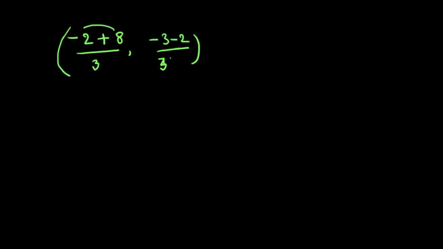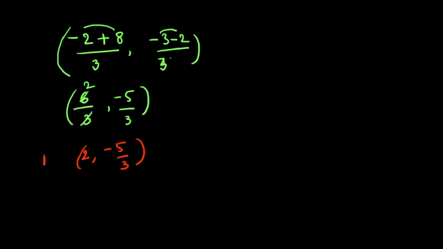So 8 minus 2 is 6 by 3, and -3 minus 2 is -5 by 3. 6 by 3 is 2. So the answer we get here is (2, -5/3). This is P: P equals (2, -5/3).